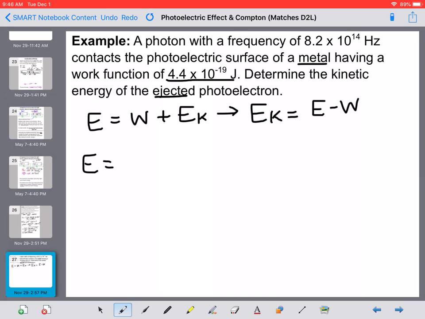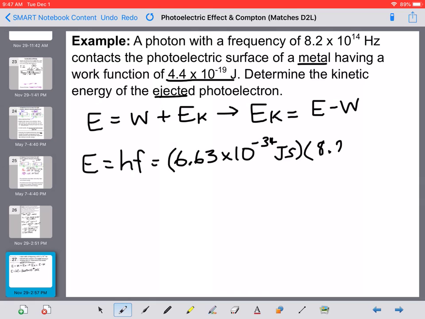So we have E equals HF. Now, because the work function is in joules here, I'm going to use the version of Planck's constant which is in joules as well. So that's 6.63 times 10 to the negative 34 joule seconds. And the frequency here is 8.2 times 10 to the 14 hertz. Now remember, hertz can be written 1 over seconds.